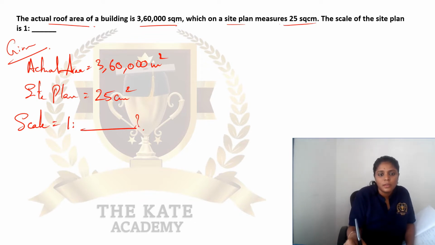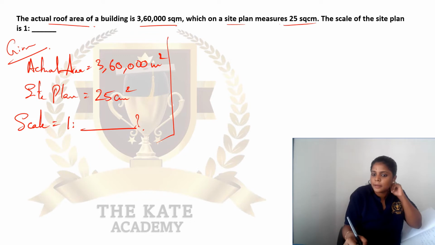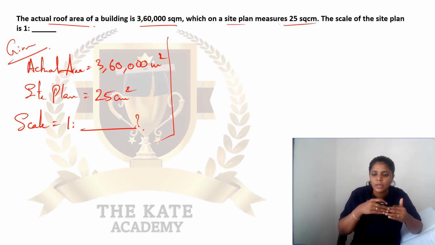Now most of you will be thinking, just divide these two values. Okay, there is a unit difference. Still, if you convert the unit and divide it, you will get a right answer. No. Whenever it is in meter square, whenever it is in area, do not divide it to find the scale. Only if it is in a single dimension.